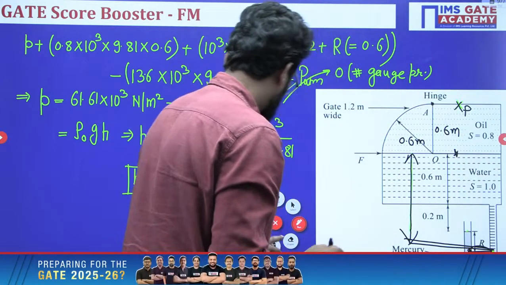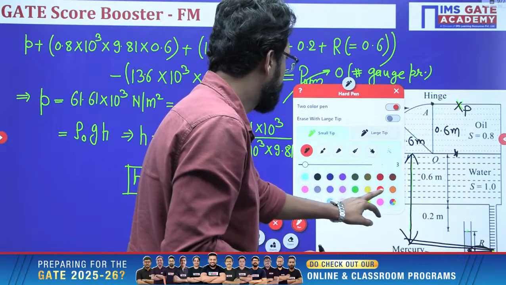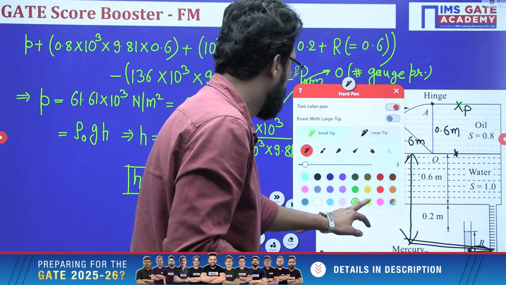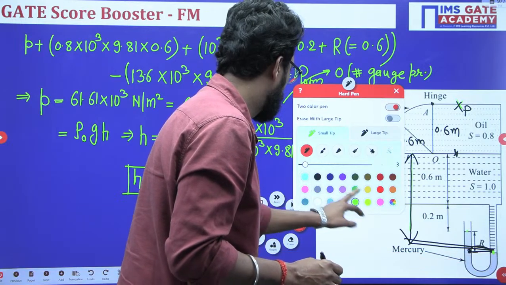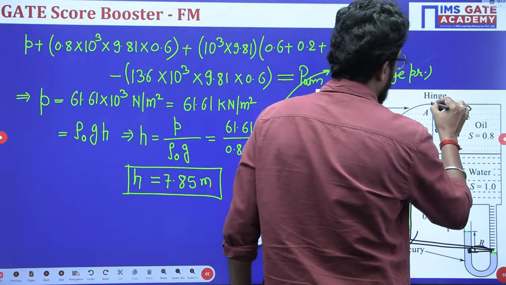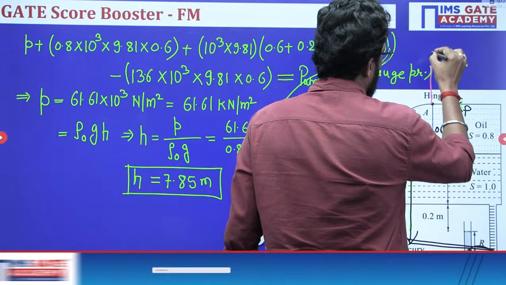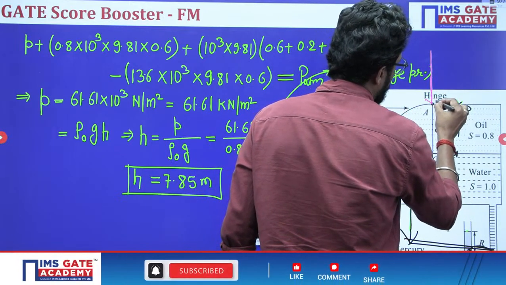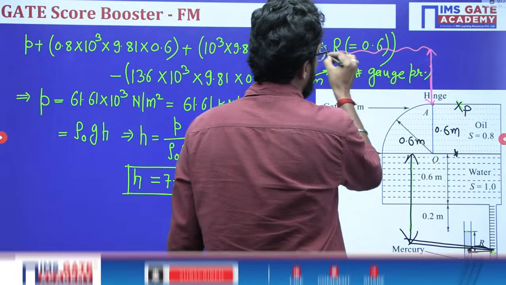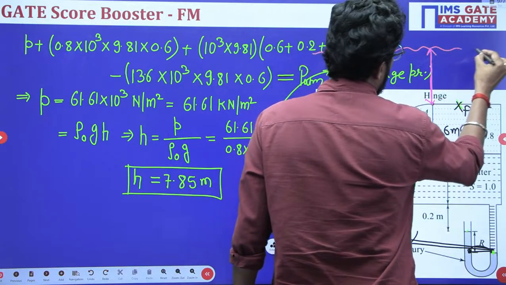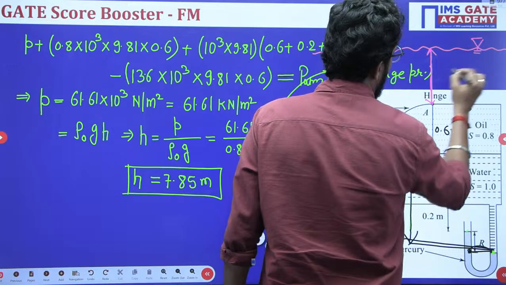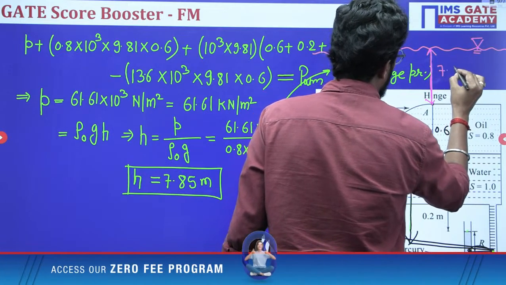Please see. One second, the color will change. Okay, we'll take this color, no problem. So from here you can move h height and draw a free surface. This is your free surface. How much height? 7.85 meter.